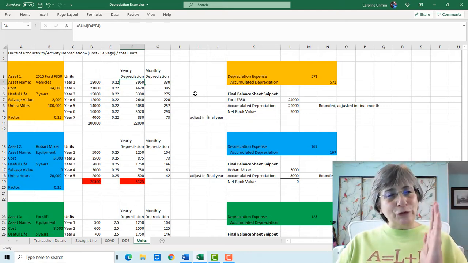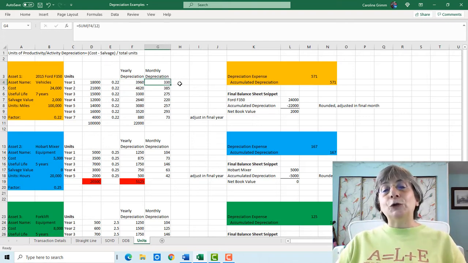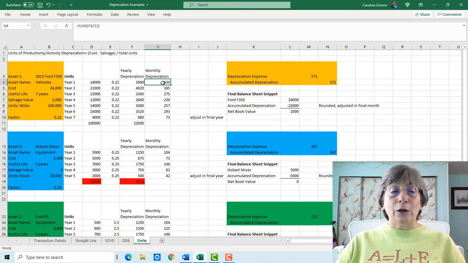In order, of course, to stay with our matching principle, we need to do this as a monthly journal entry, an adjusting journal entry of $330. In the first year, we would be using depreciation expense of $330, accumulated depreciation of $330. And we will do that each year based on the usage of that vehicle.